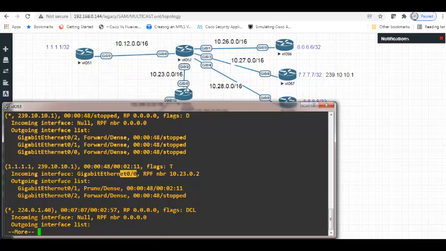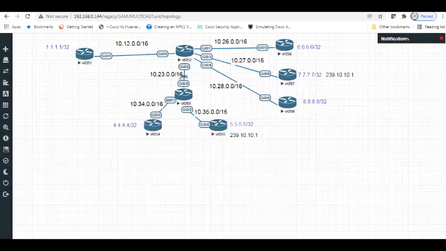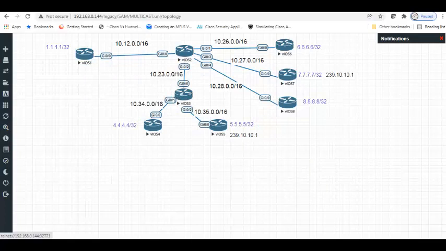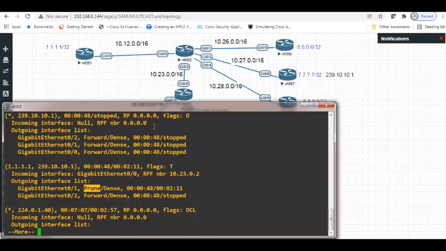Look at this interface. That's the interface via which the multicast signal was coming in, and it was trying to forward via G0/1 and G0/2. G0/1 has pruned it. Means the signal went and R4 says, I don't want this. I'm not interested. So router 3 has pruned it back.